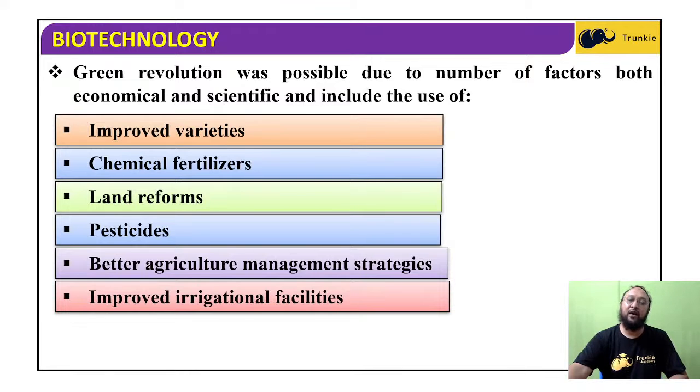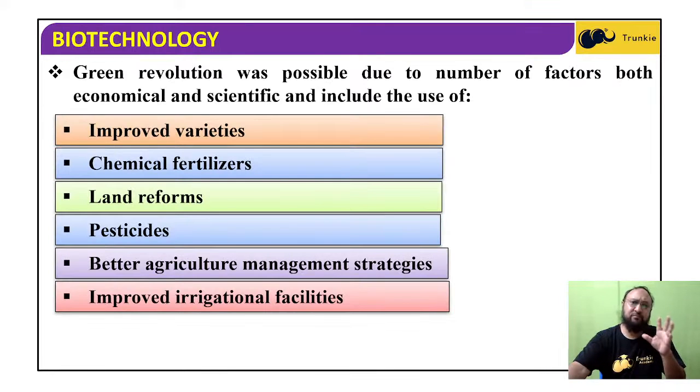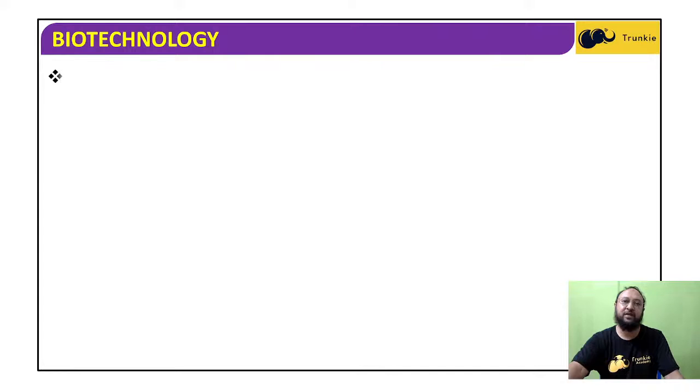Another is improved irrigational facilities, because the growth and good yield of the agricultural crops depend on good irrigational facilities. So these were the different reasons, the factors that led to the success of the green revolution.